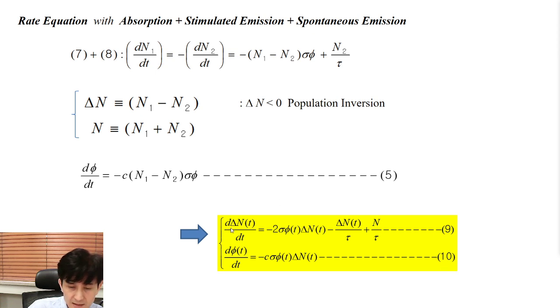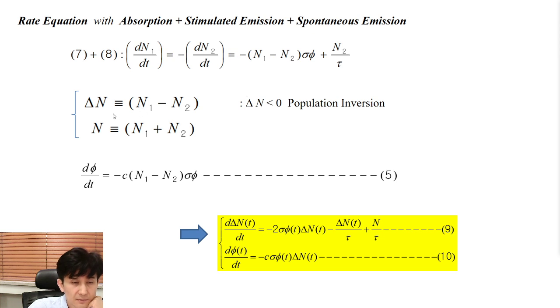That is, d delta n over dt is equal to minus 2 sigma phi times delta n minus delta n over tau plus N over tau.